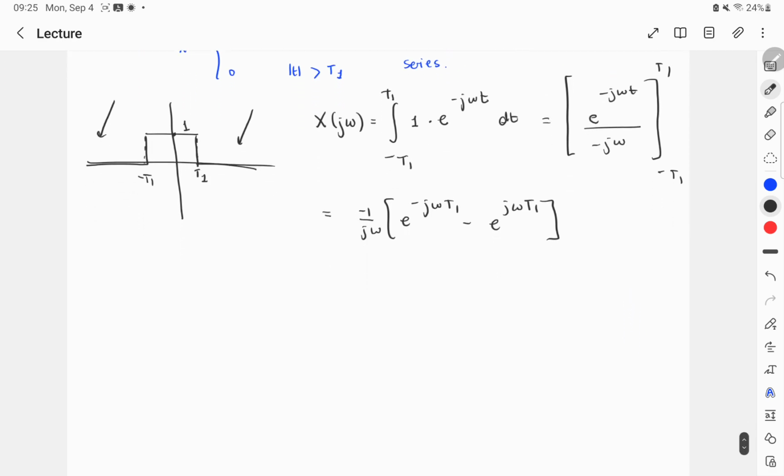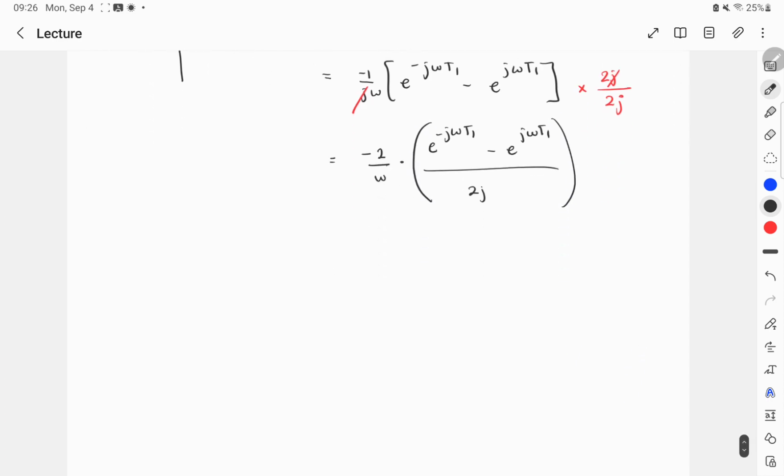And what we can do in here is to multiply both the numerator and the denominator with 2j. So if I multiply like this, what will happen? The j will be cancelled out with this one, and we will have an expression like this, times, let me write it over here like this.